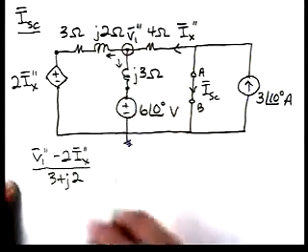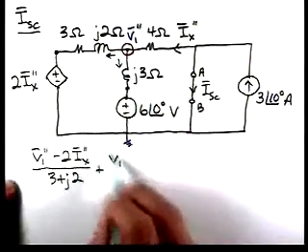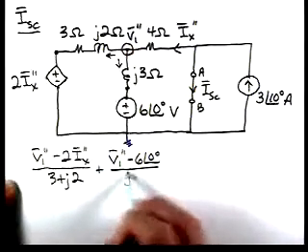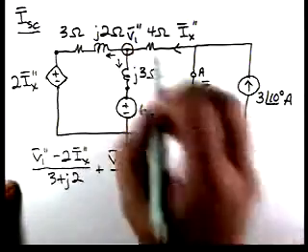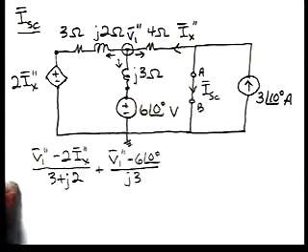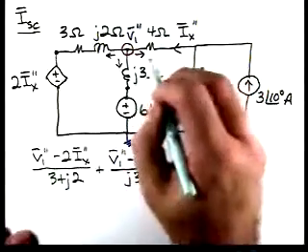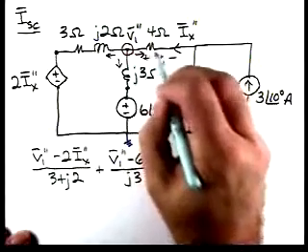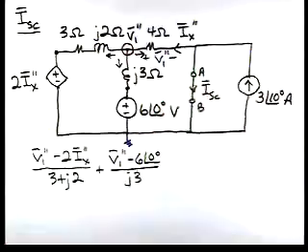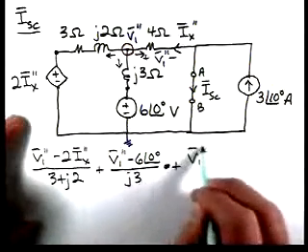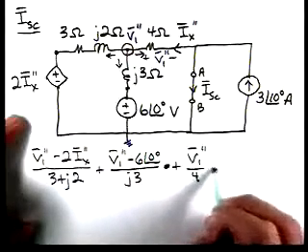The current through here, we'll have (V1 double prime minus 6 at an angle of 0) over j3. And then this current: the voltage V1 double prime, because this is tied as a reference, is really across that resistor. So we have V1 double prime over 4, equal to 0.